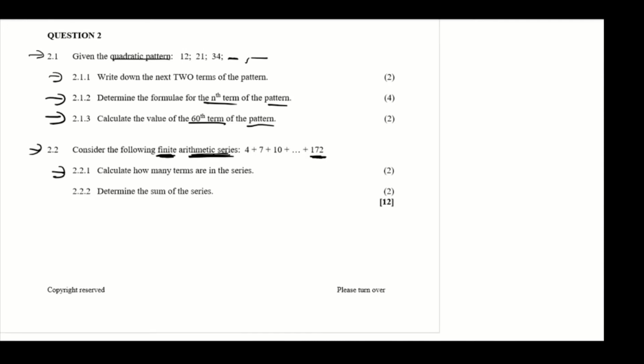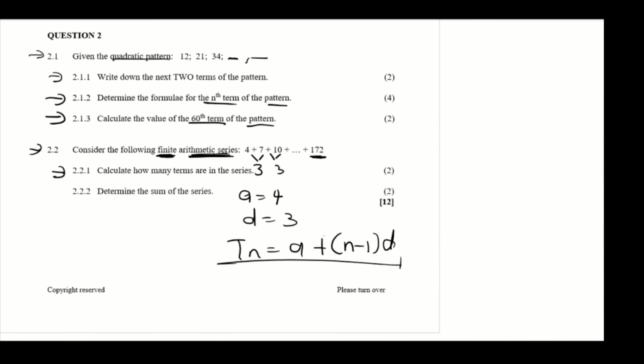In this sequence, we know the difference is constant since we are told that it's an arithmetic sequence. The first term, our a, is equal to 4, and the difference is 7 minus 4, which gives you 3, and 10 minus 7 also gives you 3. So our d is equal to 3. We're going to use Tn equals a plus n minus 1 multiplied by d, the formula we use to find the value of n.